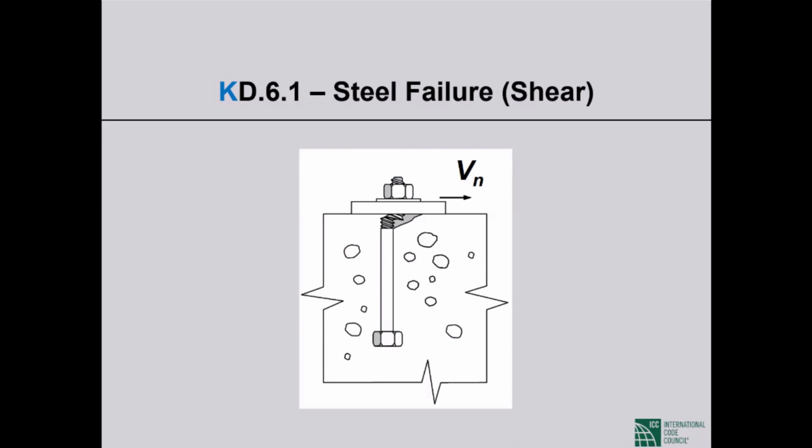The steel failure mode, shear, the anchor itself failing in shear. This is what the failure mode looks like. This picture, although a hand-drawn sketch, is pretty descriptive. This is not very different from the tensile failure, although I think this part of the picture is very descriptive of what is happening.